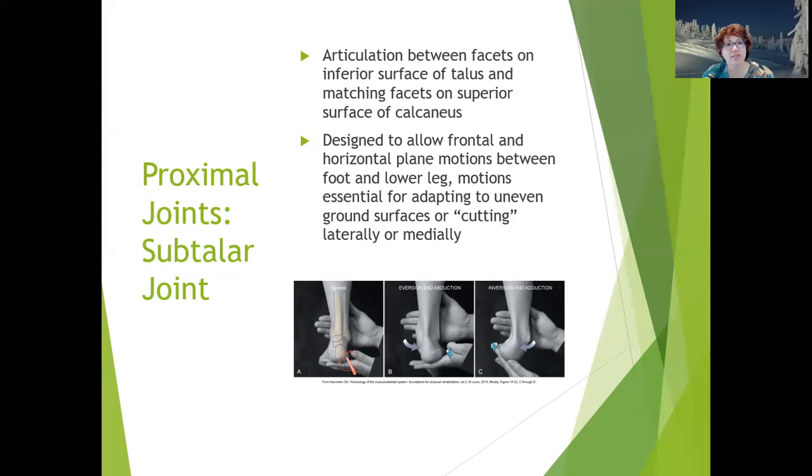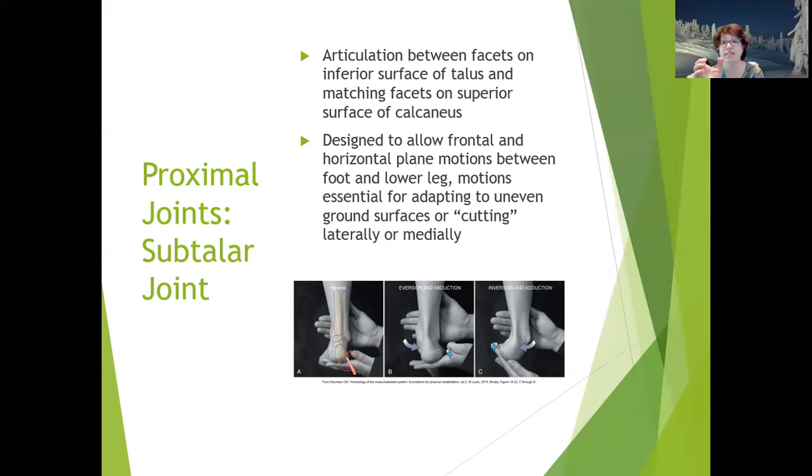So the subtalar joint is the articulation between the inferior surface of the talus and the superior surface of the calcaneus. It's designed to allow frontal and horizontal plane motions between the foot and the lower leg. So when we talk about ab and adduction, a lot of that is happening at the subtalar joint.